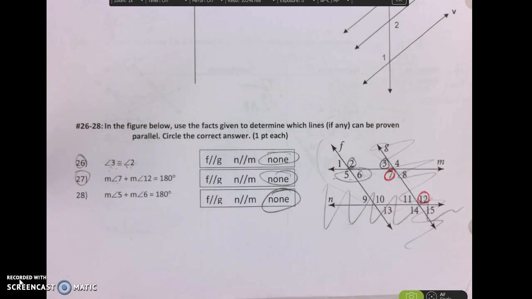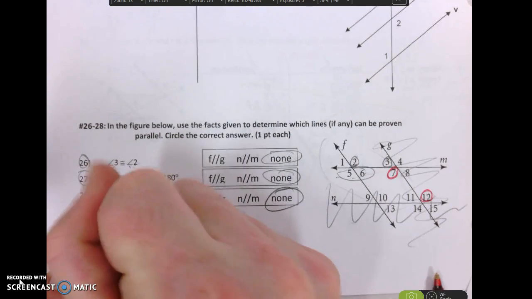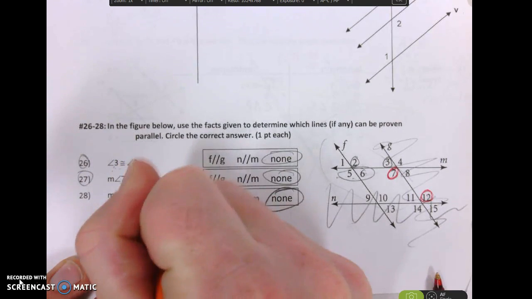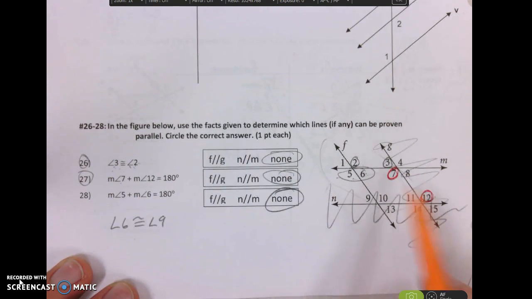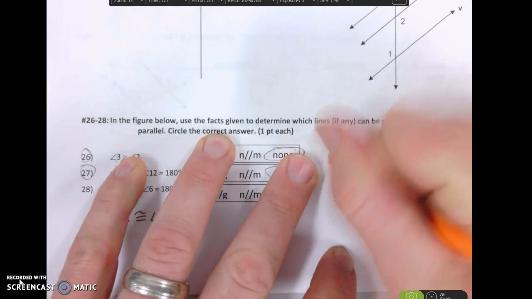I'm going to give you another problem because I don't like that none of them are none. Let's say that, I know you can still see my drawing. Let's say angle 6 is congruent to angle 9. If angle 6 and 9 are congruent, we won't use any of the lines over here. So kind of erase this so we can see it.